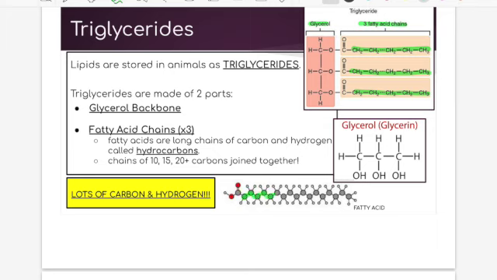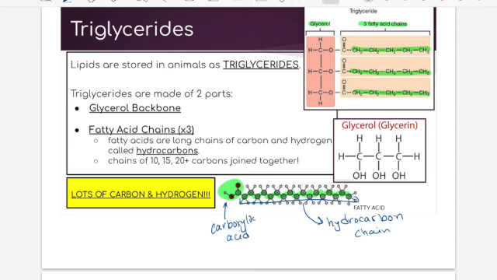So this is the hydrocarbon chain attached to the carboxylic acid. So we've got the hydrocarbon chain attached to the carboxylic acid. And then over here, this here is the hydrocarbon chain.